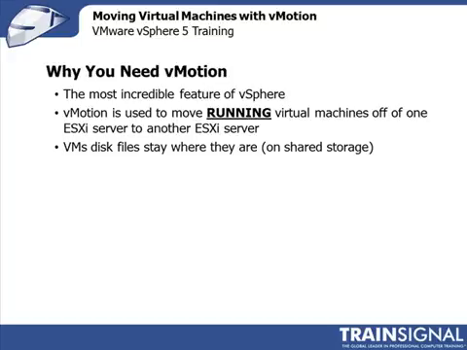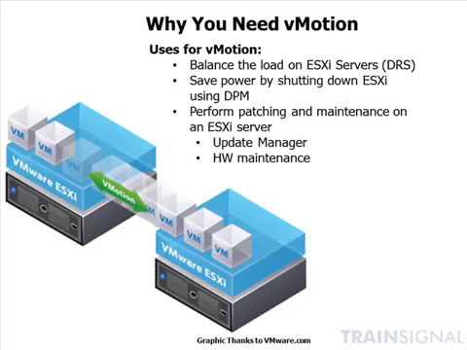And there's many benefits to doing this. While you could use vMotion to randomly move a virtual machine from one host to another, most of the time there's some real-world need. In fact, vMotion is used by many of the core vSphere features.